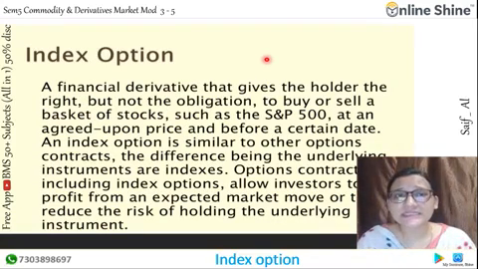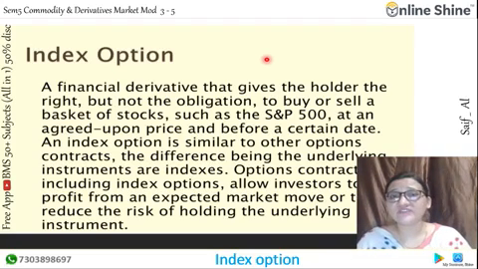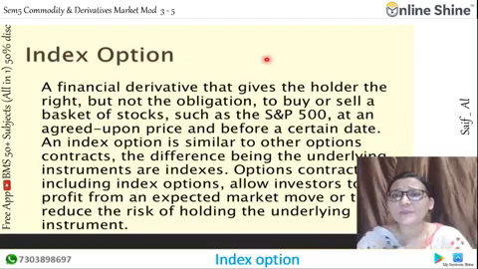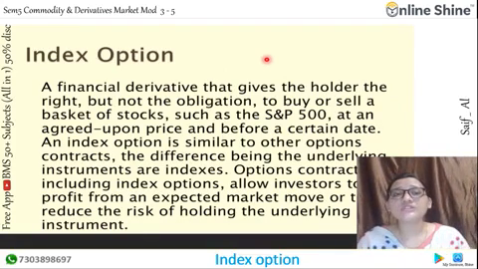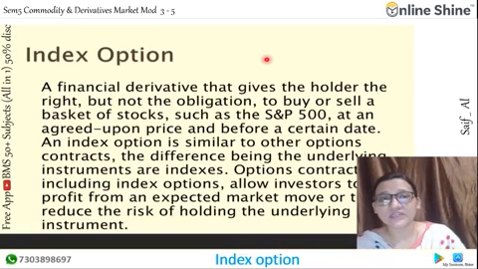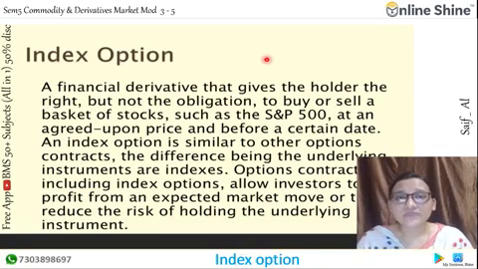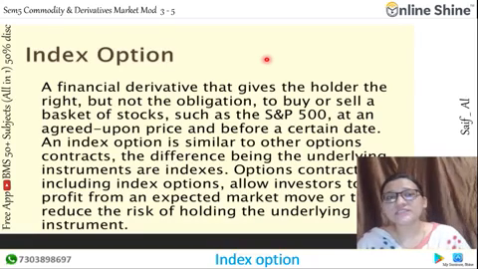What is the index option? A financial derivative that gives the holder the right but not the obligation to buy or sell a basket of stocks, or we can say lots of stocks in one basket, such as the Standard and Poor 500, at an agreed-upon price and before a certain date.